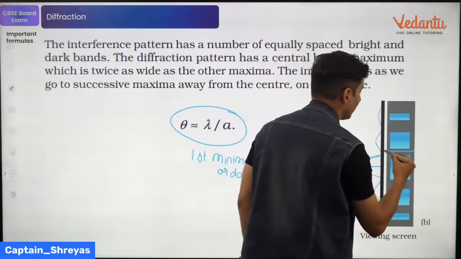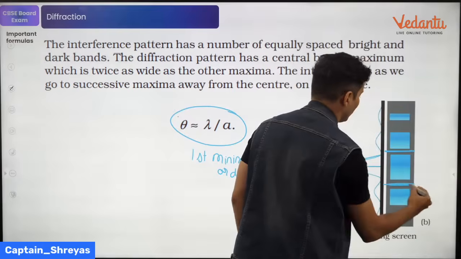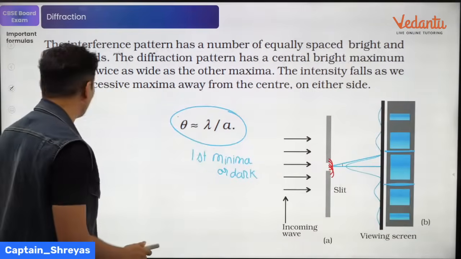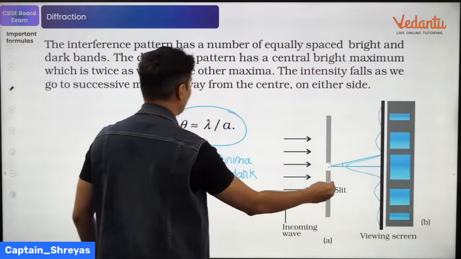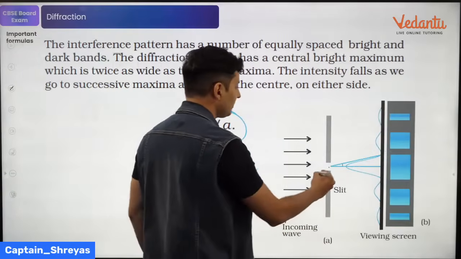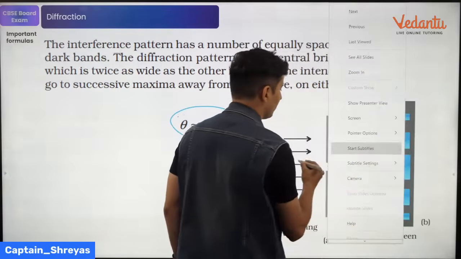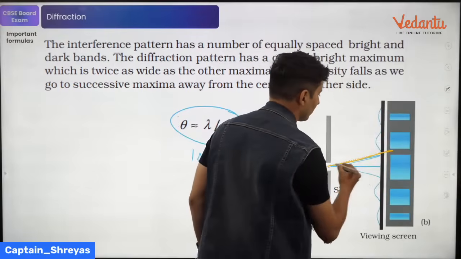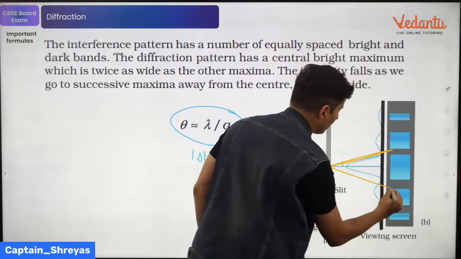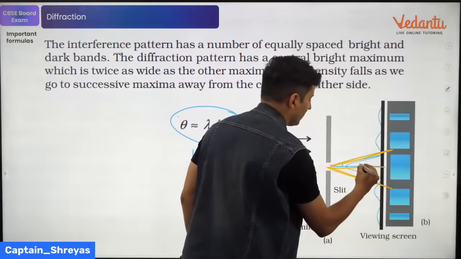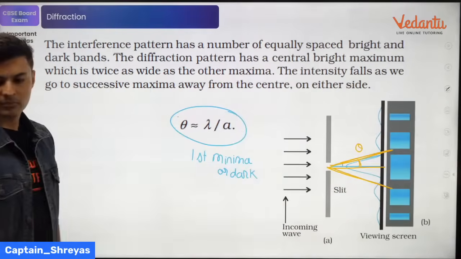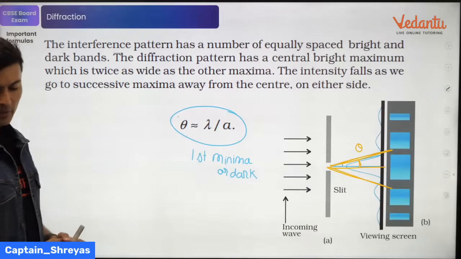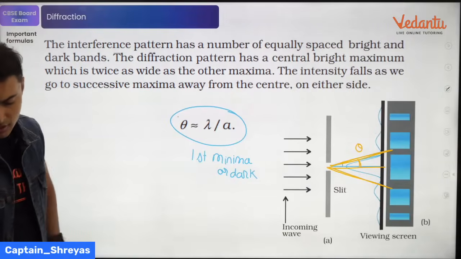This one over here, or this one over here. This is the angle at which you are going to get the minima. So very important. I'll put it in a different color. Just once again, this is basically theta, where you get your first minima.